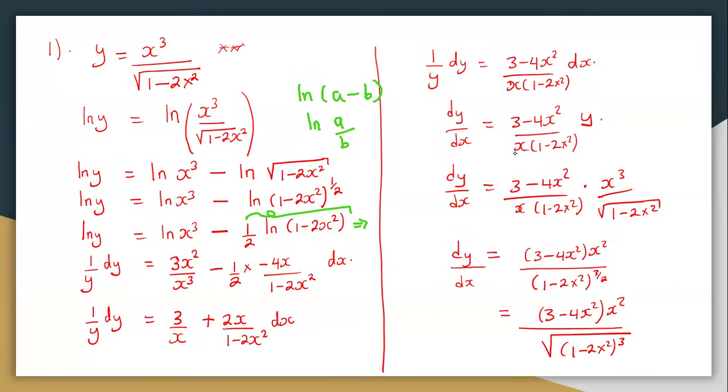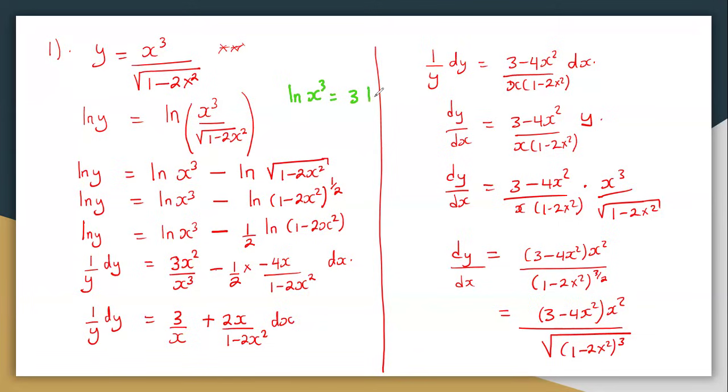Sammy? Good morning, sir. Yes, morning. I'm still on that third step, on ln x cubed, the power 3. If we drop the power 3, how do we deal with that? It is okay, Sammy.